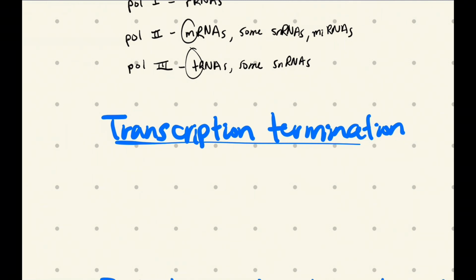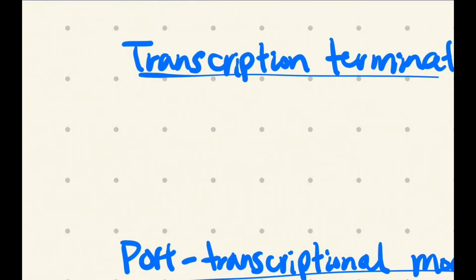All right. So now we move on into transcription termination. Transcription termination is going to consist of two different things. It's going to have your rho independent as well as your rho dependent.